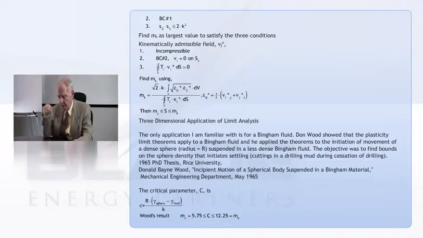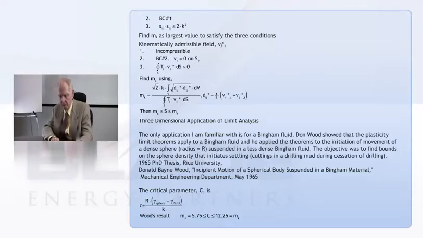He had one heck of a time. I think he tried everything. And I've given the result here at the bottom of this page. You're looking for this critical parameter, C. If you know what C is, then you can either find K, or you can find the difference in density between the sphere and the mud that you would have to have.